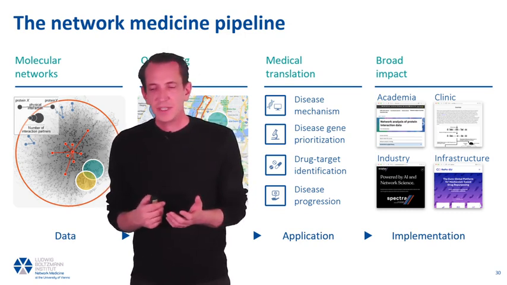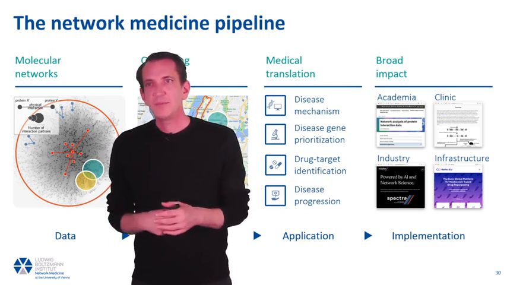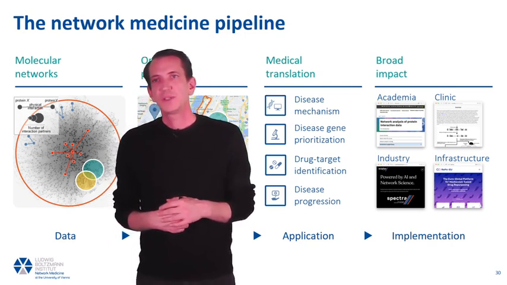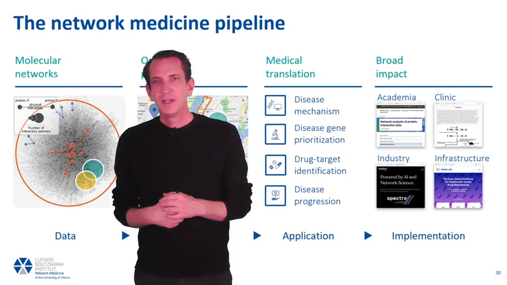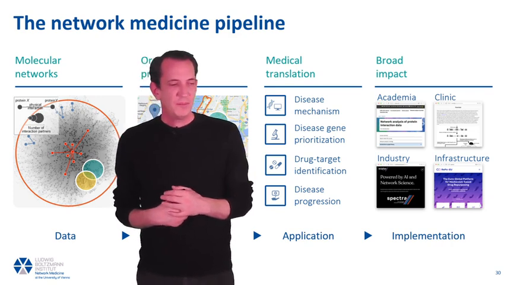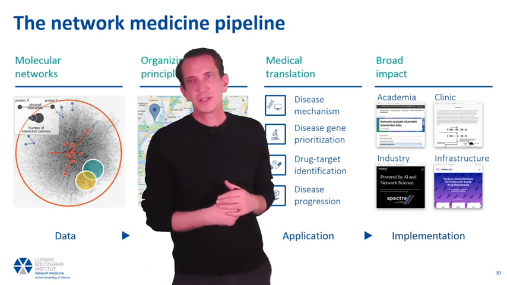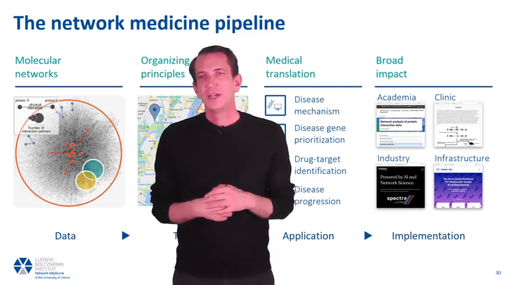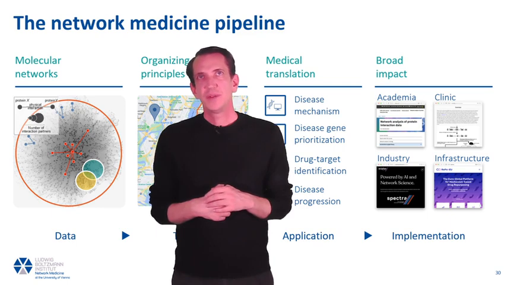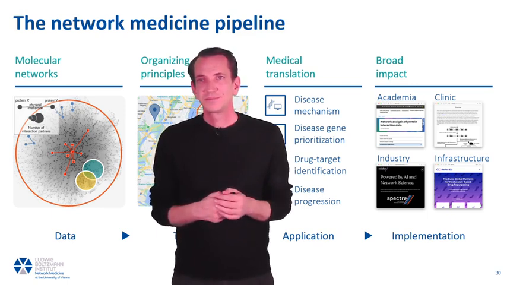In the clinic, these genomic prioritization pipelines are used, and there are also some very successful spin-off companies here in Boston. Cypher Medicine is one, and back in Europe, my lab is involved in a very, very large effort to build a European infrastructure for drug repurposing.